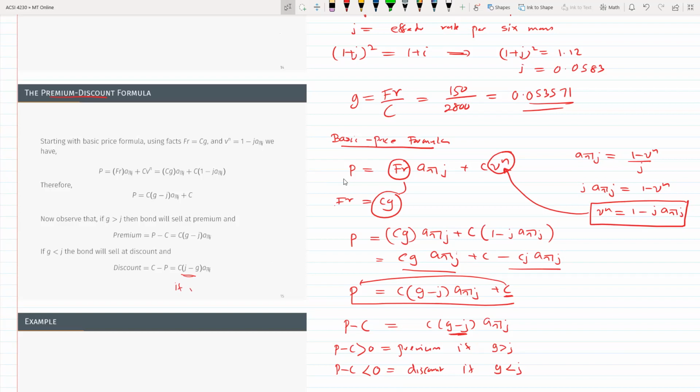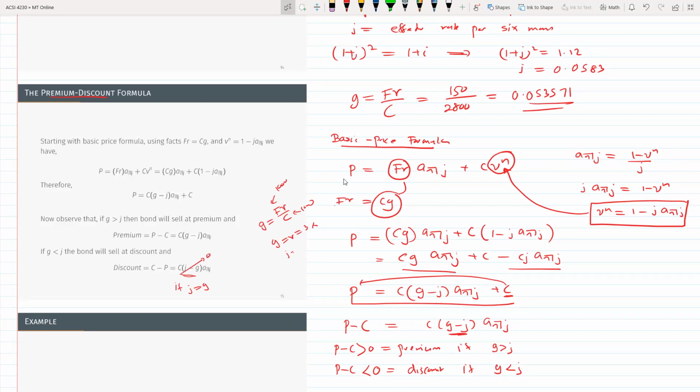So if J equals G, where G is F r over C, and F and C are both 1,000 because it's a par value bond, so G is R, which is 3%, and J also 3%. They are the same, so this goes to 0.